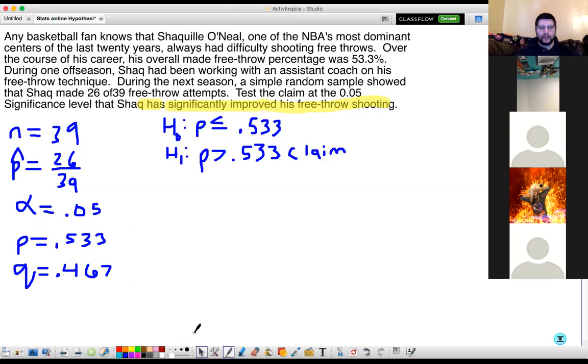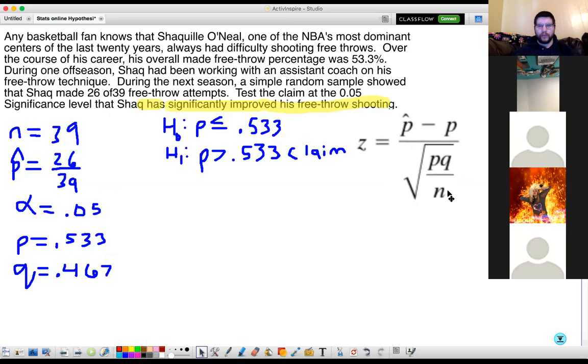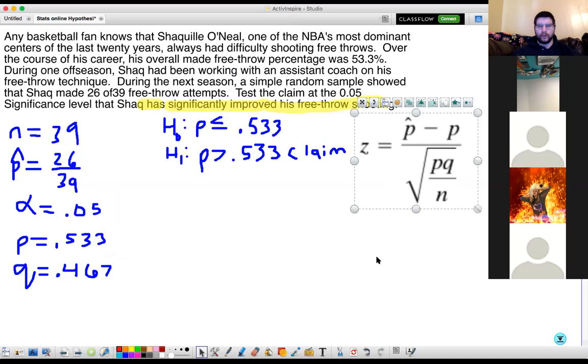So, we're going to use that test statistic again. There's the formula. It's on the back of the formula sheet, top left, if you don't remember. That's where all your test statistics are. Next week, whenever we deal with the mean, we'll also have our 2 test statistics for the mean there.